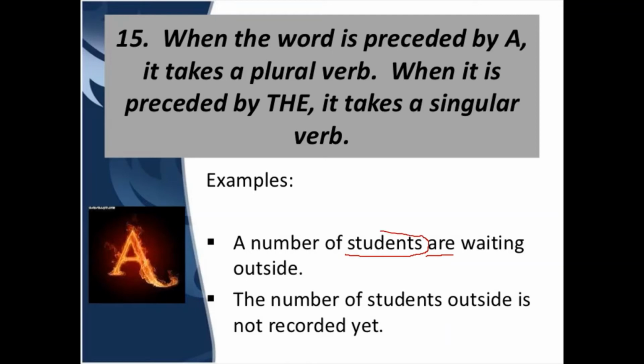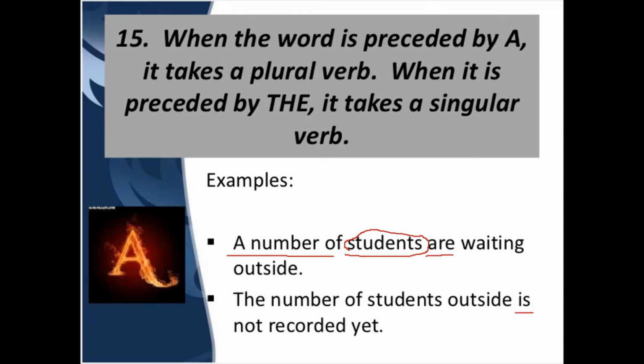Students is a plural noun. And aside from that, the noun students is preceded by "a number of." So when a plural noun is preceded by "a number of," the entire subject is plural. So if it is plural, then it must take a plural verb. However, in the second example, the verb used is "is" and not "are."